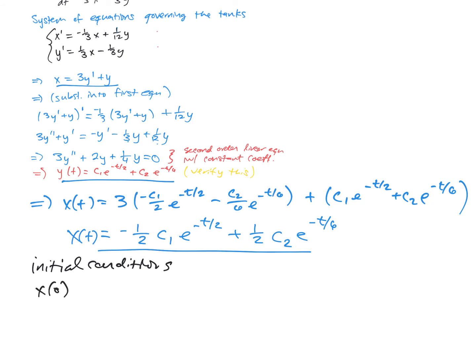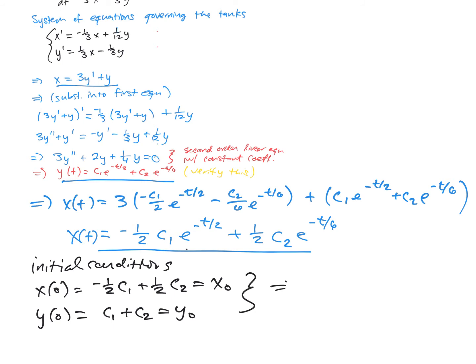So x of 0, if we plug in 0 here, we get negative 1/2 c1 plus 1/2 c2 equals x naught. And y of 0 equals c1 plus c2 equals y naught. These can be solved together, and that gives us these quantities.